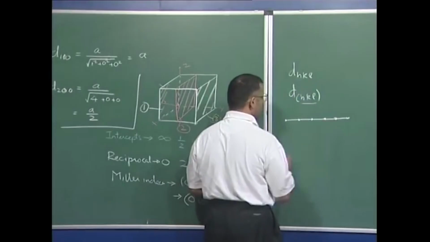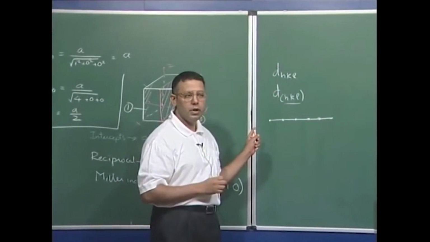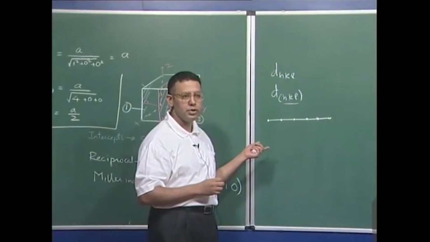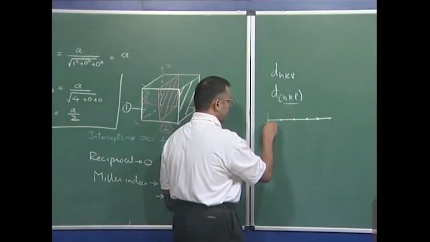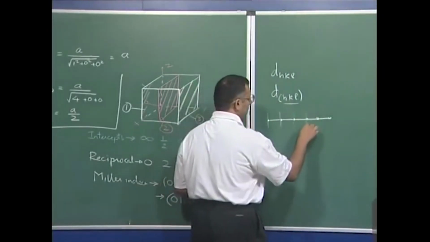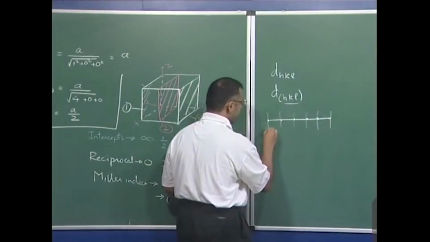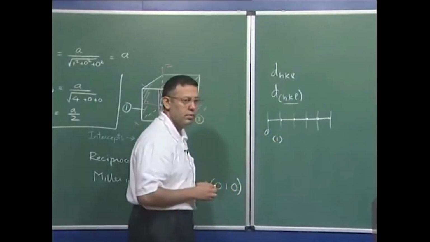Suppose this is just one dimension, therefore, I cannot have planes here, but let me just consider that this is a plane I am considering, and they will have only one index to describe that plane. So, this set of planes would be the white planes, and I call them the one set, and the index for this would be simply 1, right.